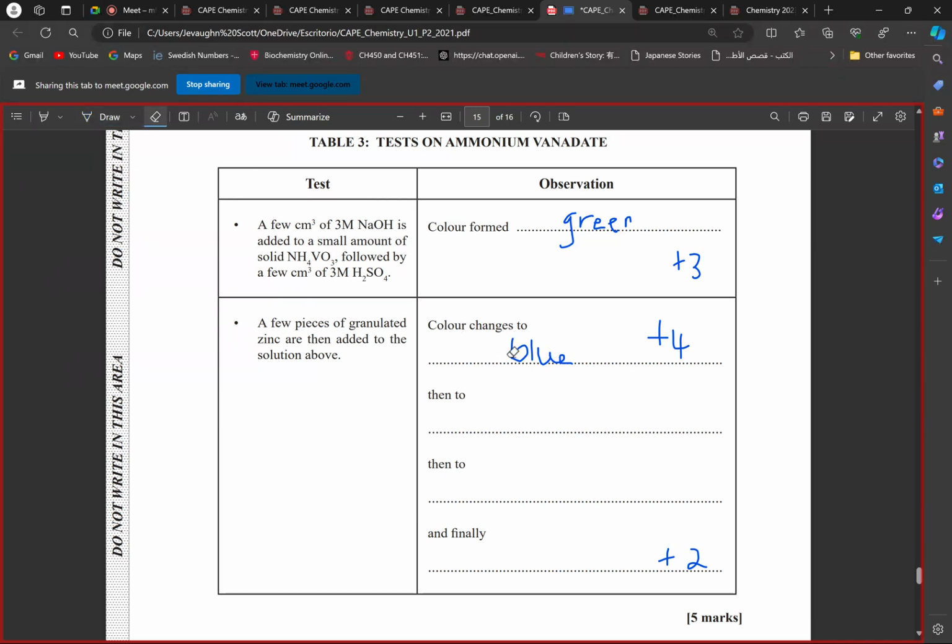Please. The first one, let me erase everything. That first color formed, when we add the 3 moles of sodium hydroxide and the 3 moles of sulfuric acid, what is gonna happen? What is the color that we're going to get?